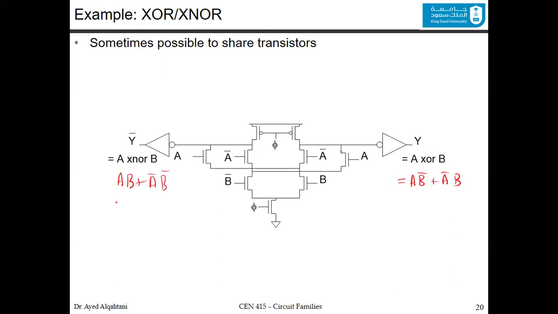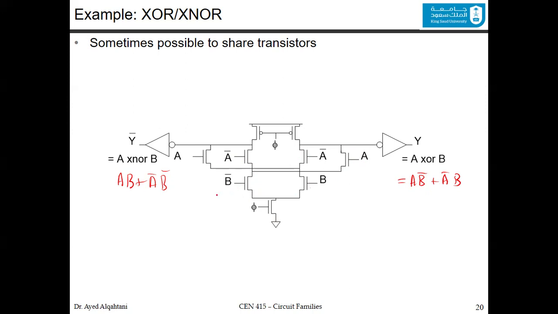So what happens is you're supposed to have in this design 4 transistors here and similarly 4 transistors here. But if you notice, we have only 3 transistors here and 3 transistors here.